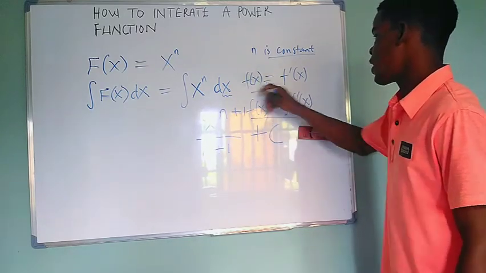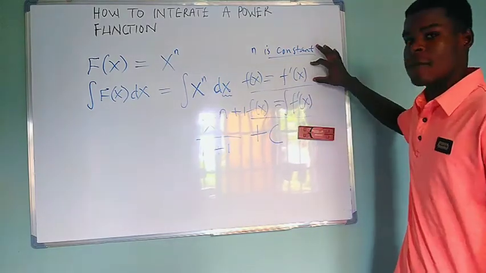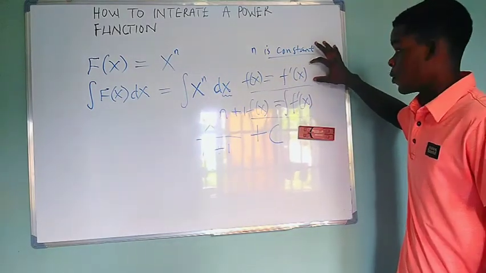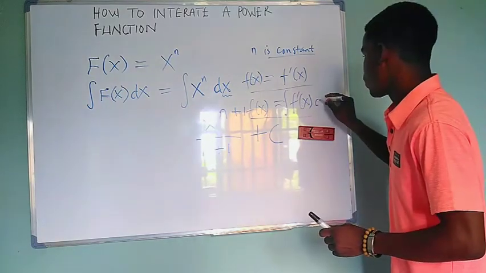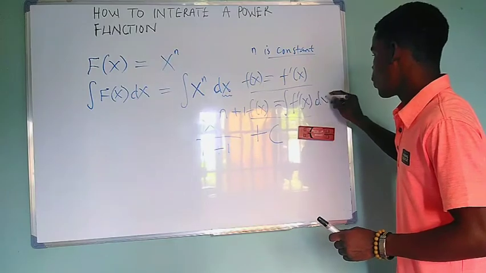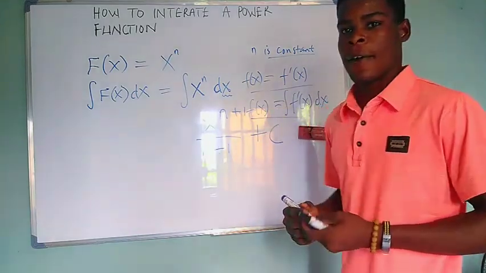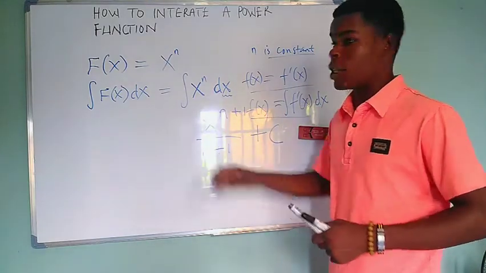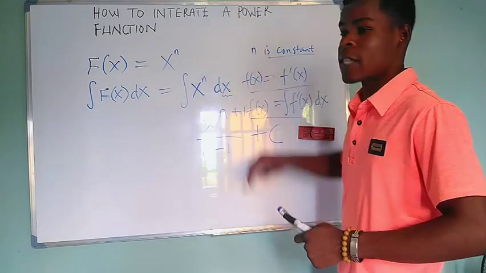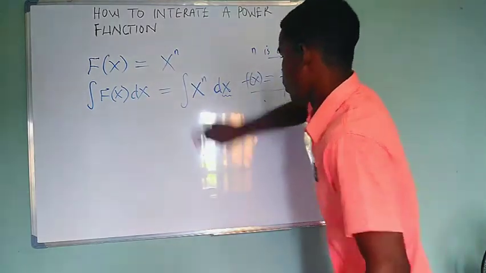The derivative of the original function gives you a derived function, while the integral of that function gives you the original function. Let's apply some examples to show how to integrate a power function.